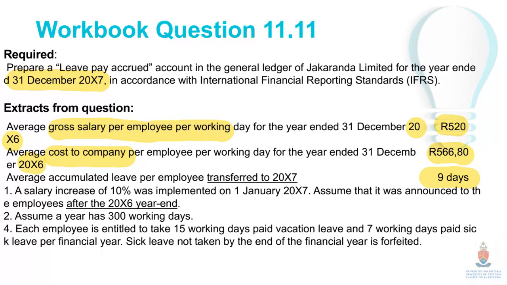So in the additional information, it reads a salary increase of 10% was implemented on 1 January 2017, right? So it was implemented at the beginning of the year, right? Assume that the announcement was made to employees after, now circle after the 2016 financial year. So what is that telling us about the 2016 financial year?